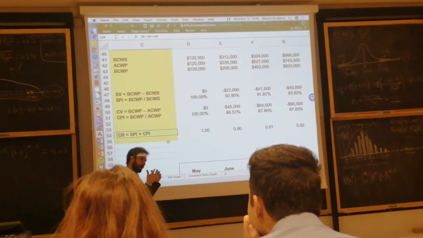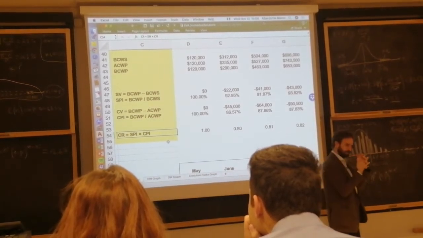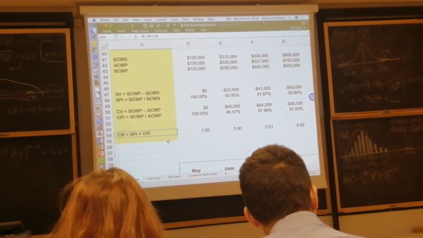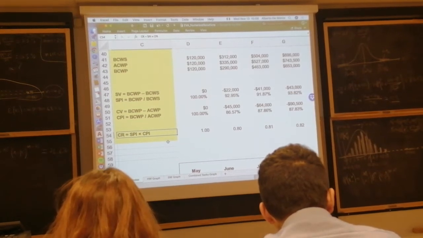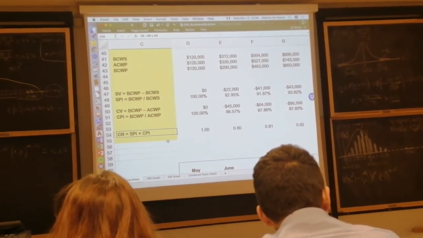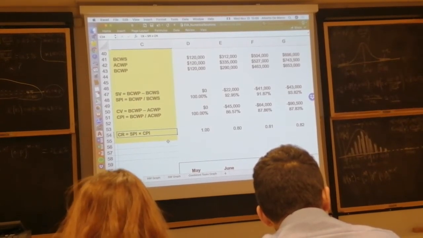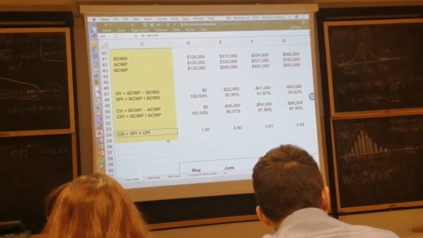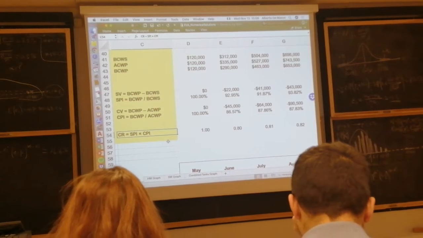Time and money are closely related. Americans say that time is money, money is time. And in project management, you can see that. You can always convert time into money and vice versa. So the cost index times schedule index is an integrated KPI that tells you whether the combined time, cost, performance is going good or bad.